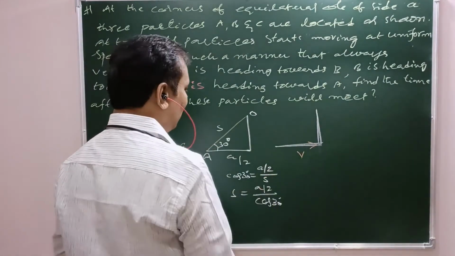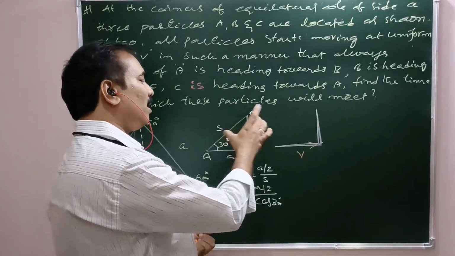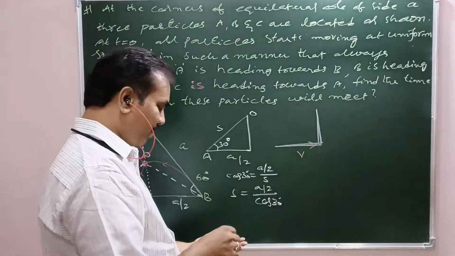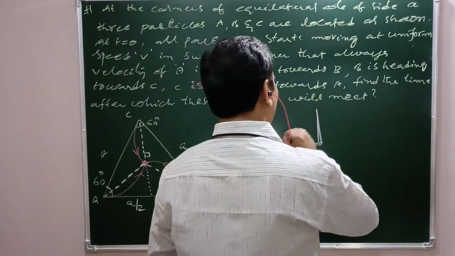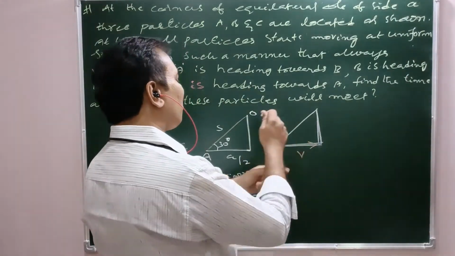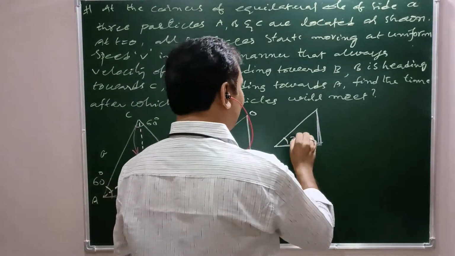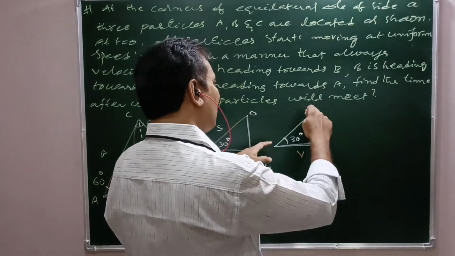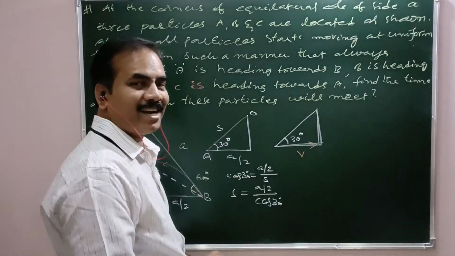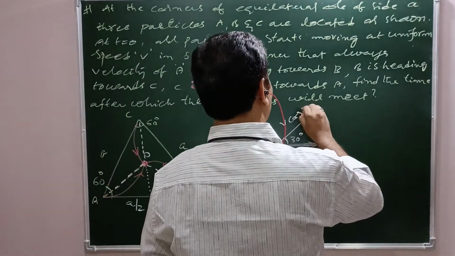Now this is the displacement. In the direction of displacement, what about the component of velocity of A? Along the displacement, what about the component of velocity? See here, this is 30 degrees. If it is V, the component along this way is V cos 30.